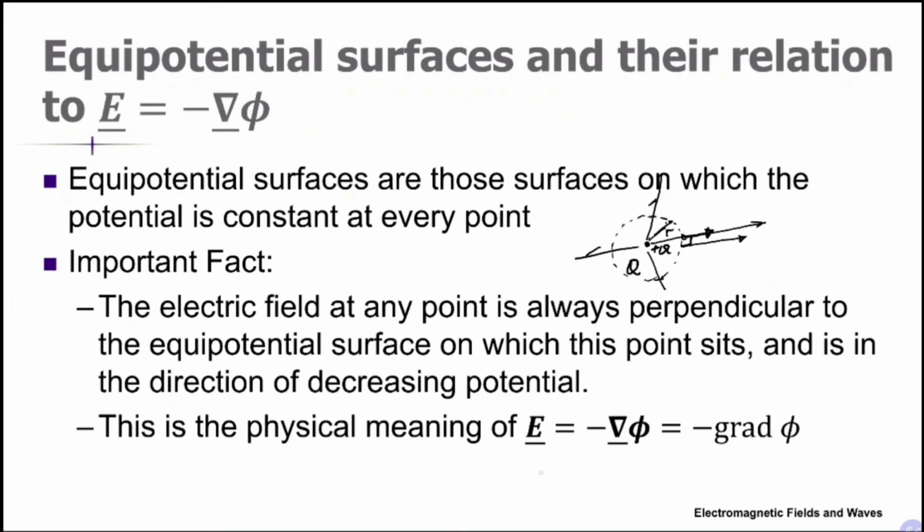The electric field is perpendicular to the equipotential surface and is pointing in the direction of decreasing potential. That's the physical meaning of the equation E equals minus gradient of the potential. Two points: the electric field is perpendicular to the equipotential surface and points in the decreasing direction of the potential, and that is what the negative sign is there for.